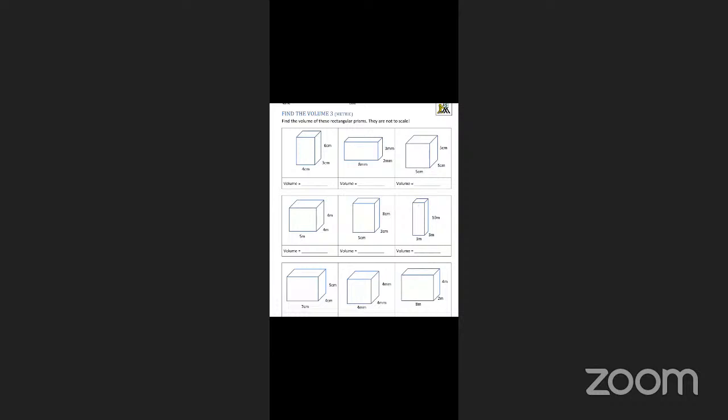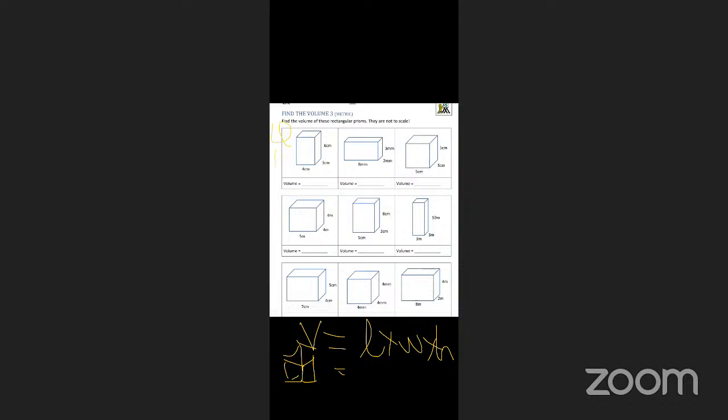We'll do it one more time. The volume formula is length times width times height. So these are for rectangular prisms, right? This is the formula. So we have to do the first question here.